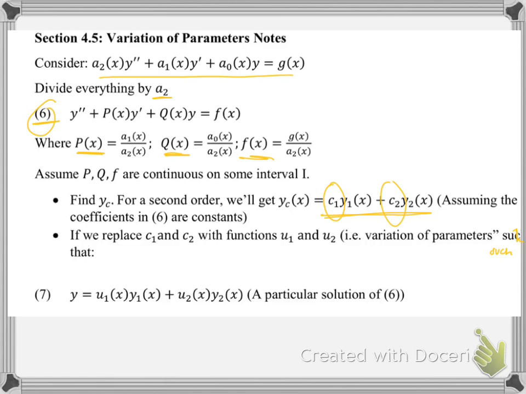And in fact, we will then have what we call a particular solution. So we'll have this y sub p. Our particular solution is going to be u sub 1 times y sub 1 plus u sub 2 times y sub 2. And this is going to be a particular solution of this right here.